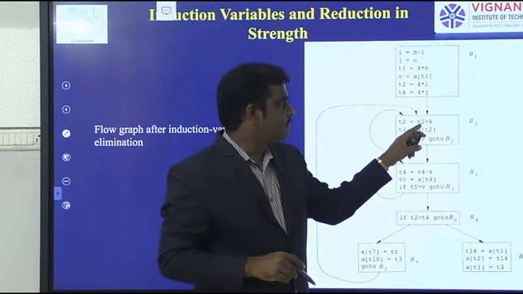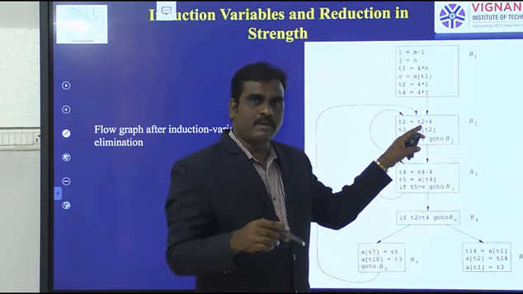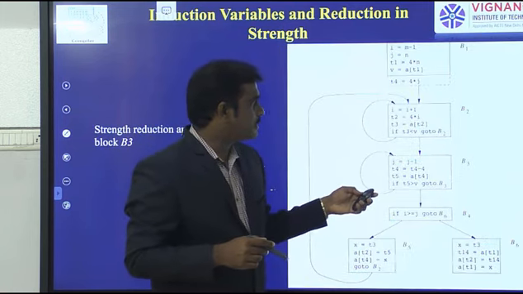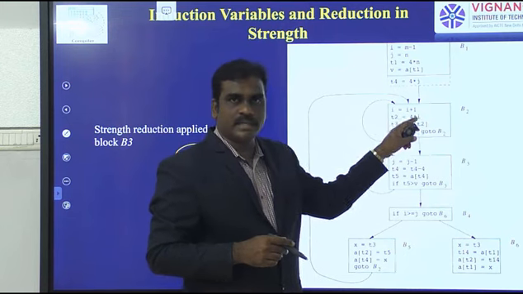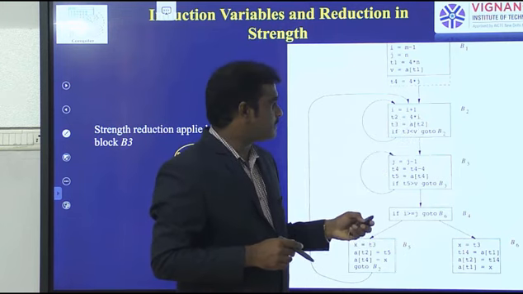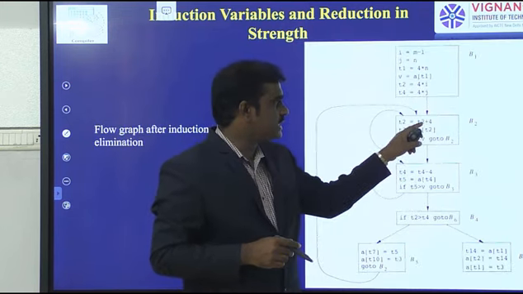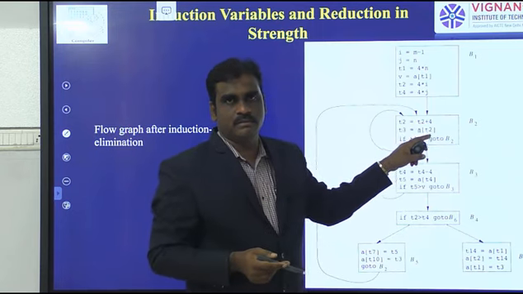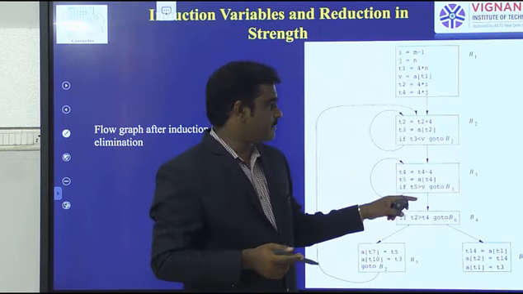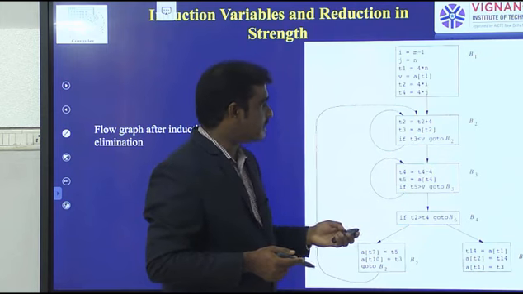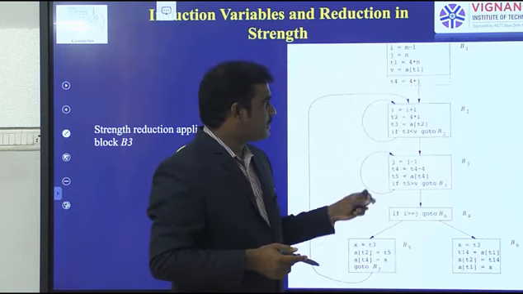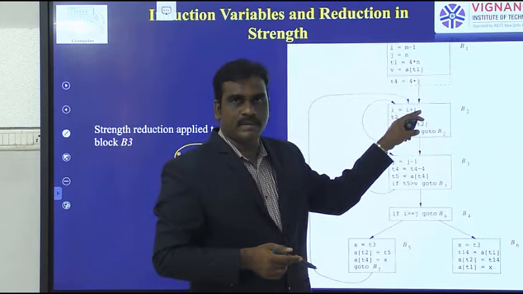Next time, every time we were performing a multiplication operation. Instead of the multiplication operation, simply we are using an addition operation, incremented by 4. Here, decremented by 4. In this case, I equal to I plus 1.